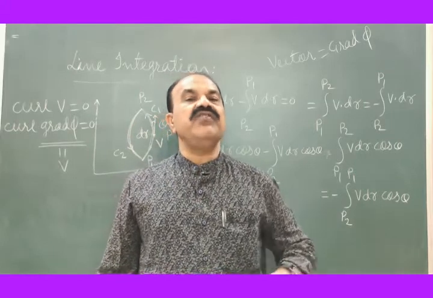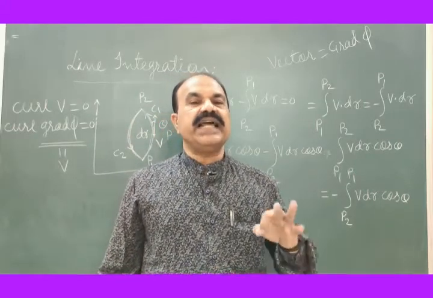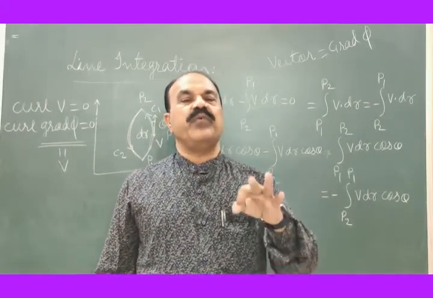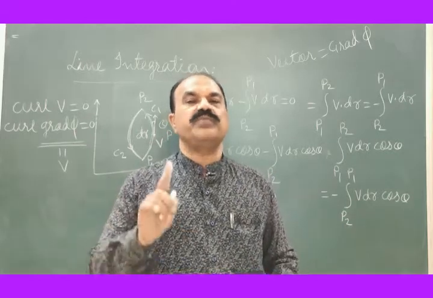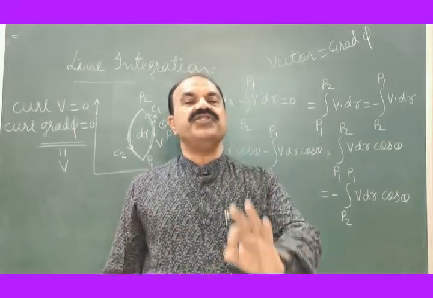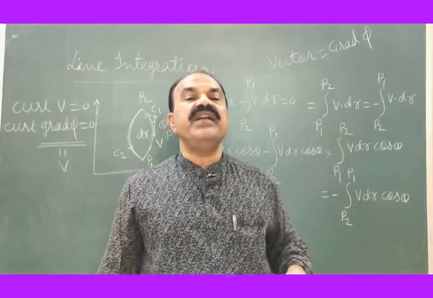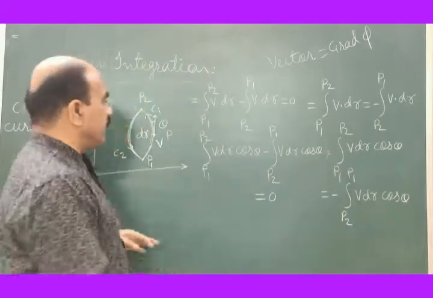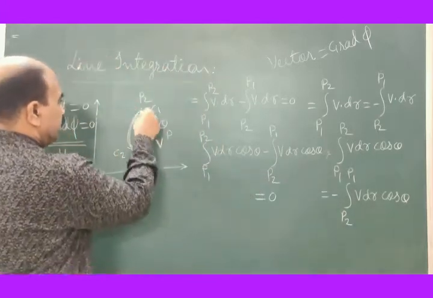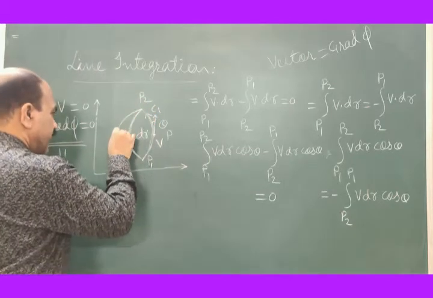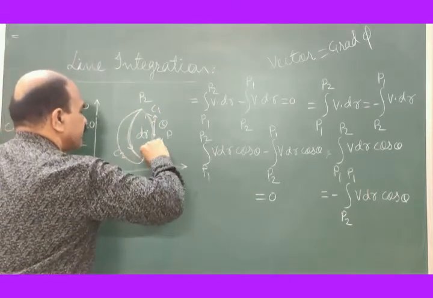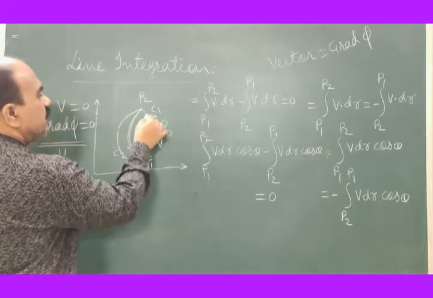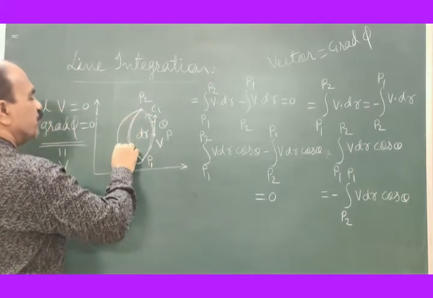In conservative vector fields, the line integration of a vector point function about a closed path is always 0. It is independent of the path taken. Here we have taken this path. Somebody may select this path, P1 to P2, P2 to P1.